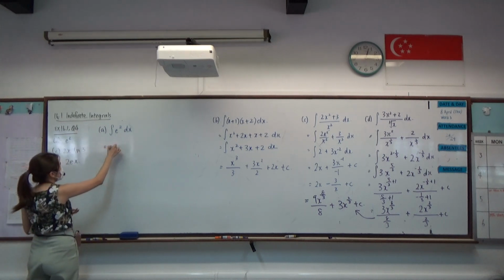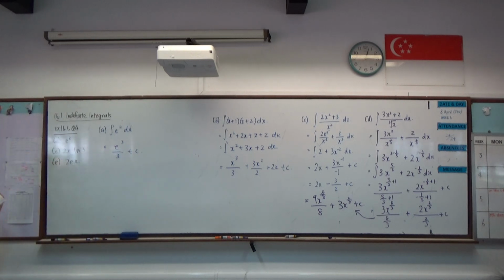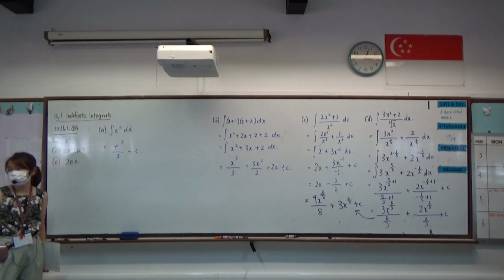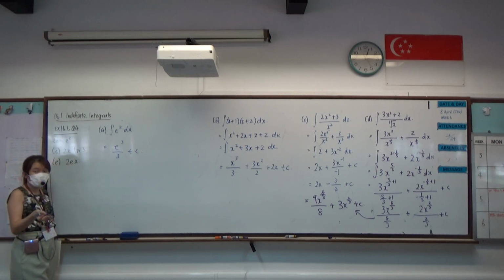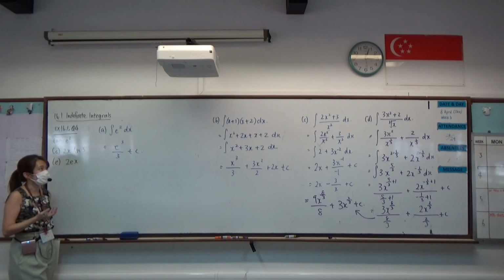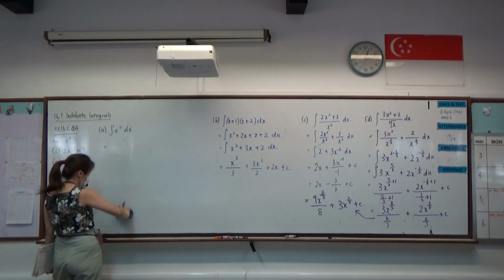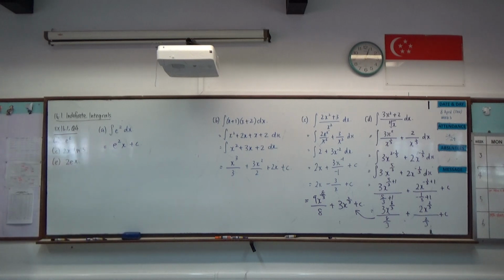Why is it e squared x plus c? We're integrating with respect to x. I hope you recognize that e squared is a constant number. So it's no different from a number 7, number 8, number -2. So therefore, it should be e squared x plus c, yeah?